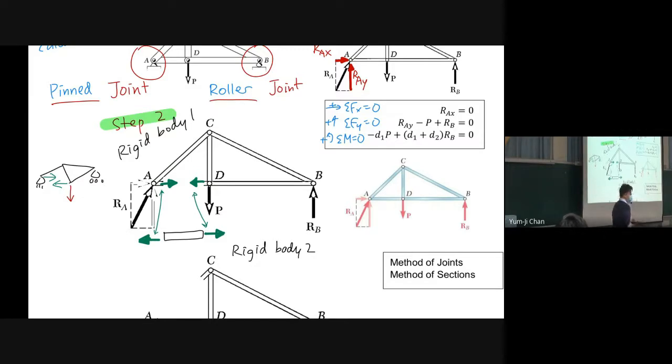So what are these forces in physics? What is the physical meaning of these two forces? These are the tension of member AD.